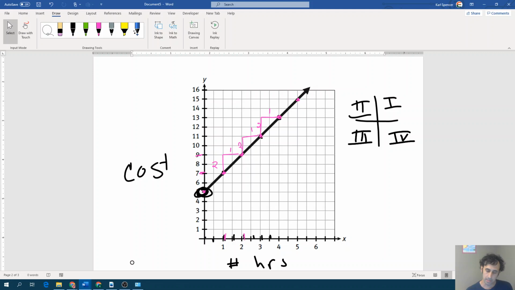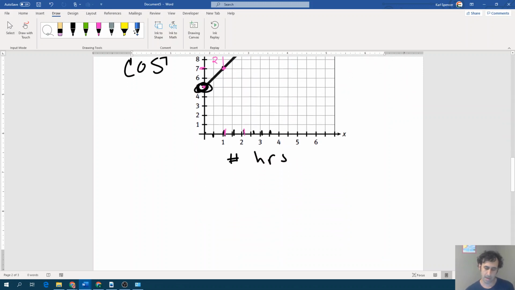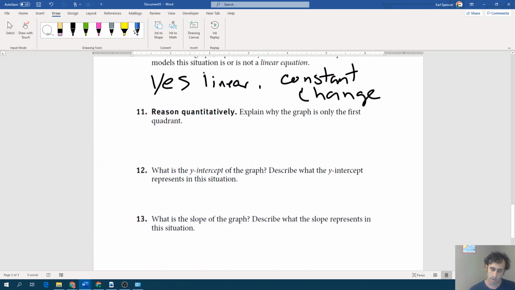Well, if we go to one of those other quadrants, we start turning into negative numbers. And there's really not such a thing as negative time or negative cost. You can't keep an inner tube for -3 hours. You can't pay -$4. So why is a graph only in the first quadrant?